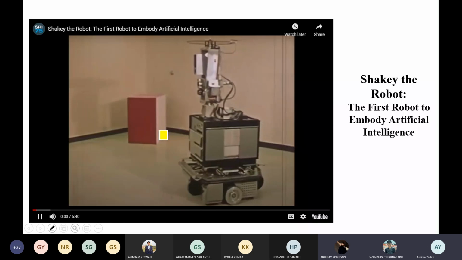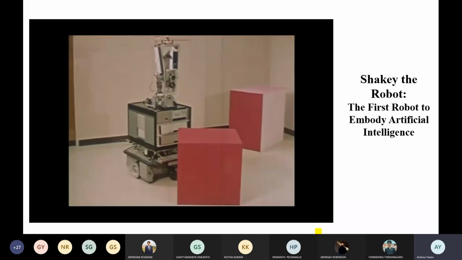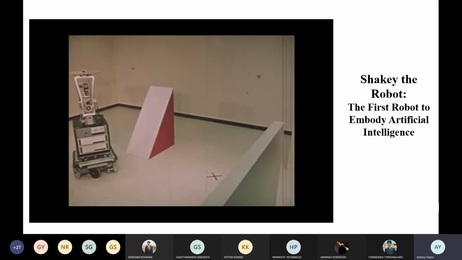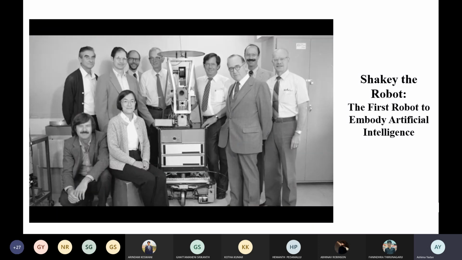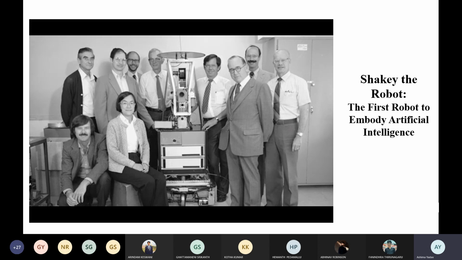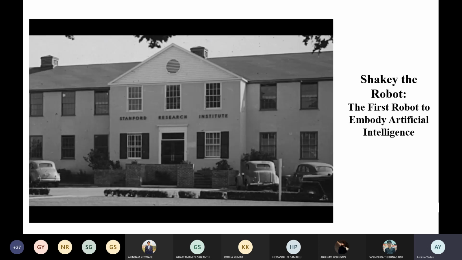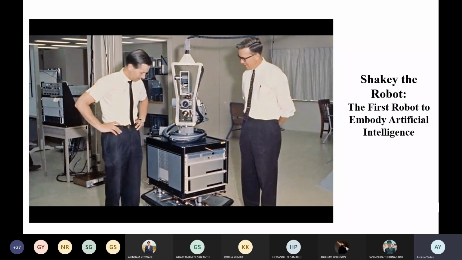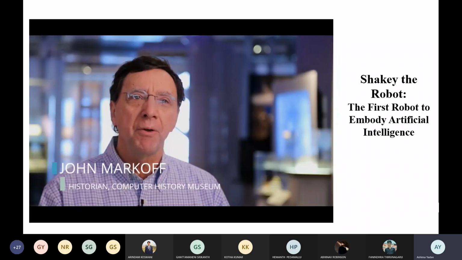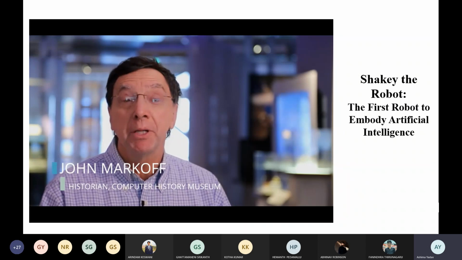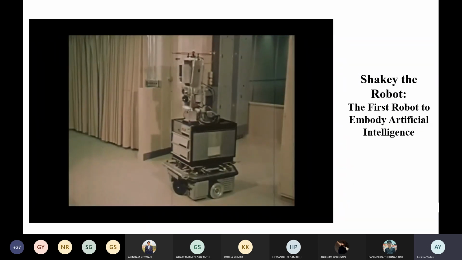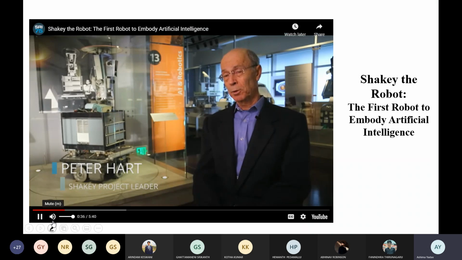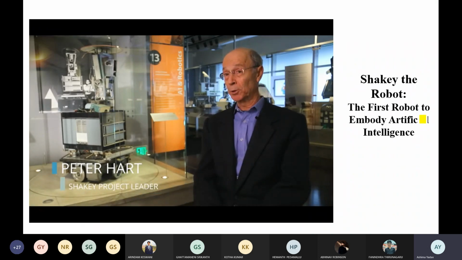Shakey is a global intelligent robot, embodying numerous breakthroughs in artificial intelligence, robotics, computer vision, navigation, and other research areas. The robot was developed from 1966 to 1972 by SRI International, then called Stanford Research Institute, and its legacy and impact are still very much alive today. Shakey's really the great-grandfather of things like self-driving cars and even military drones. The hardware was really pretty primitive, but the software architecture and the software algorithms are what changed the world.